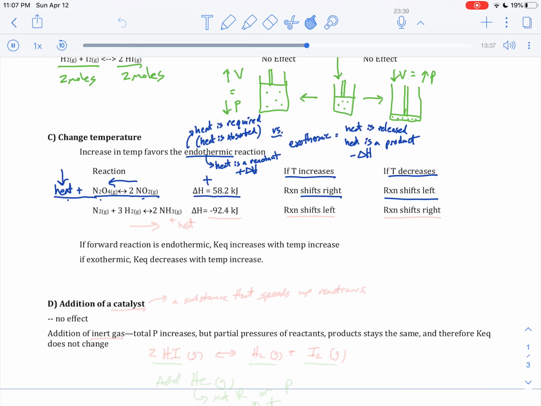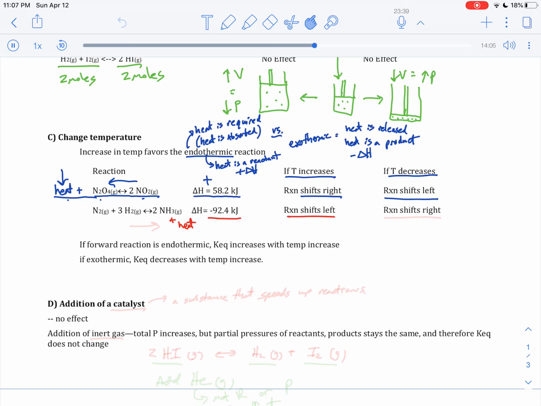Let's look at an exothermic reaction. Here, the delta H is negative 92, so the negative sign means that heat is a product. So you can just write heat as a product. Similar logic: if the temperature increases, you have too much product. This reaction is going to try to consume some of that extra product, so it will shift to the left.